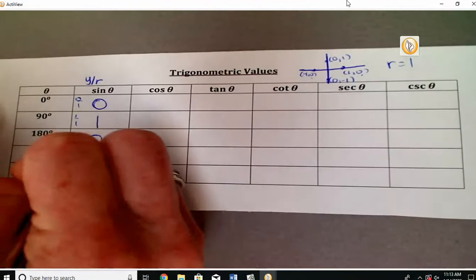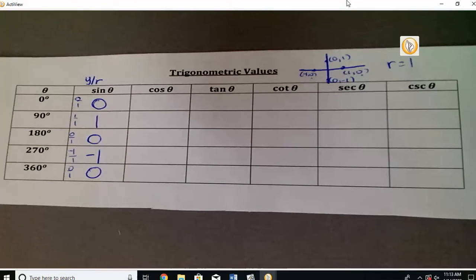We have a 0 over 1, which is 0 again. So sine basically has 3 possible values for our quadrantals: 0, 1, or -1.